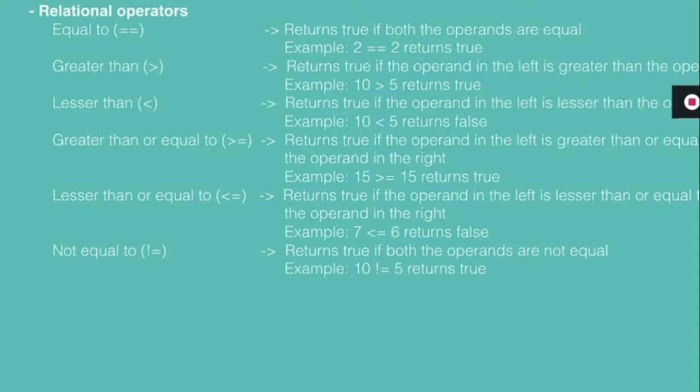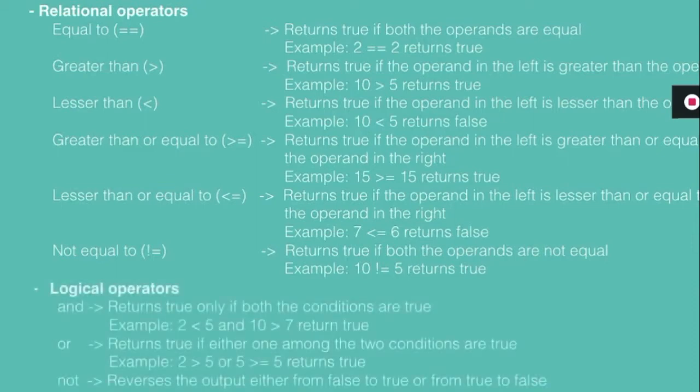There are two conditions, one on the right and the other on the left, and when we evaluate each and every condition, the answer we get is based on that. So it's like combining two conditions and then we get an answer.